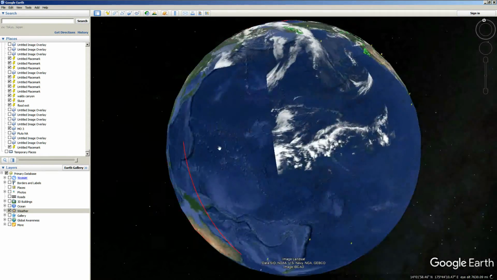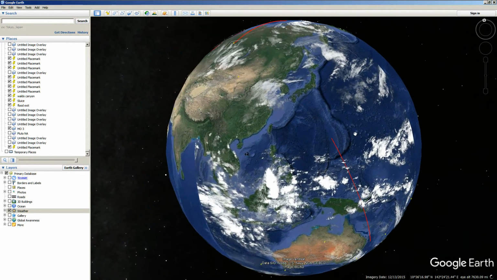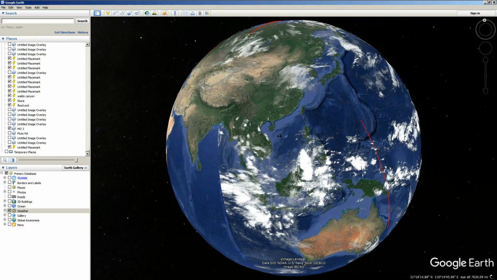Or it hits at this big print here. This is the deepest place on Earth. It could have hit right here, because this area was a pole at one time.